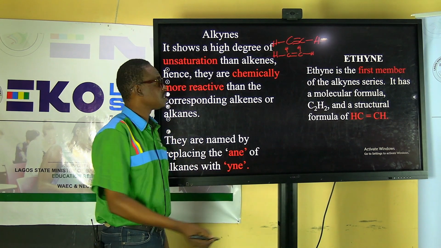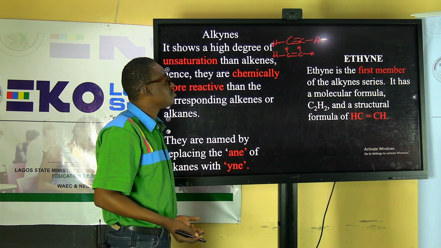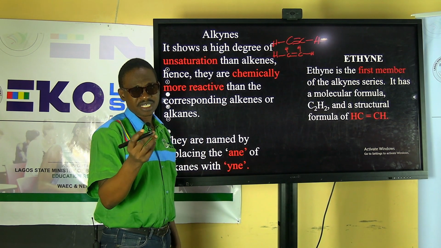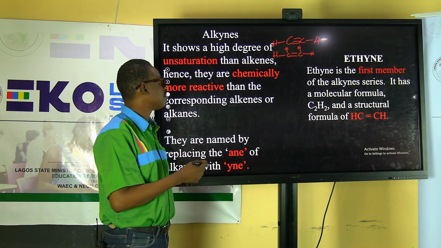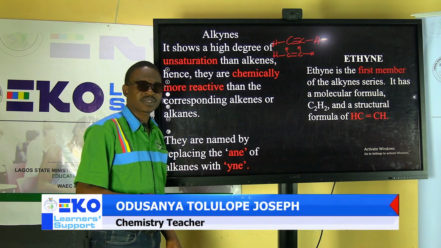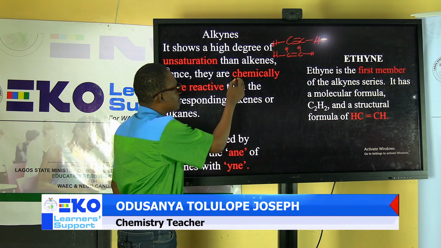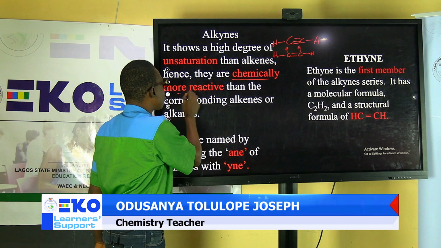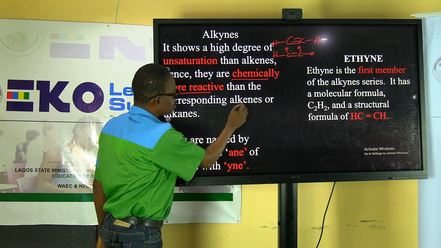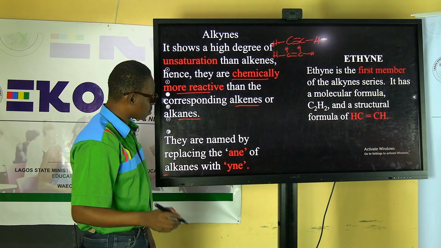The double bond. This has just 2 available electrons. So in between the 2, you discover that the alkyne is more reactive than alkene due to the triple bond that is present in it. And that makes it chemically more reactive than even the alkenes. You need to know that.